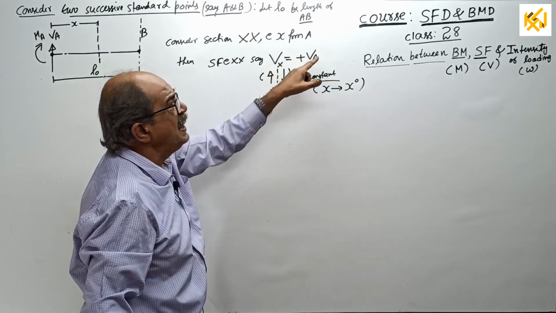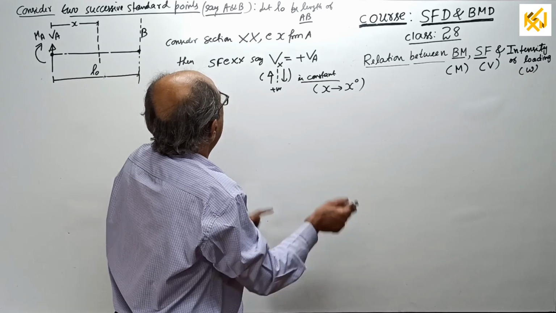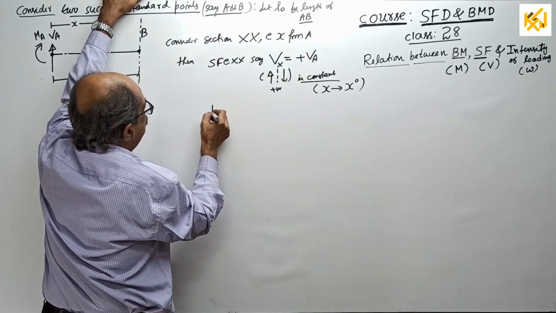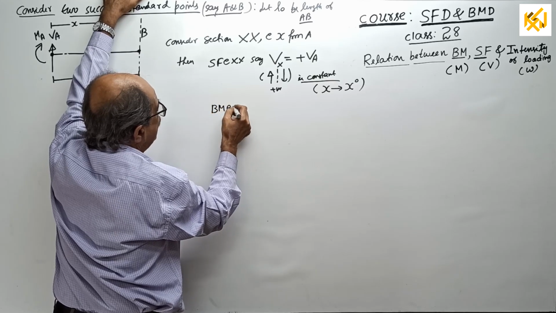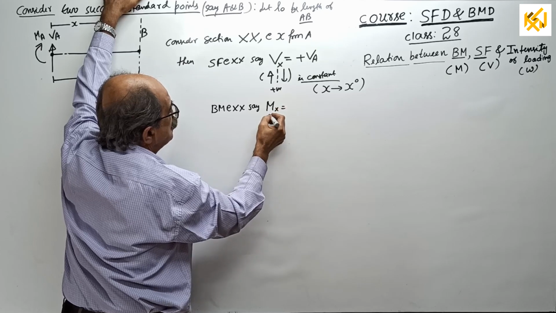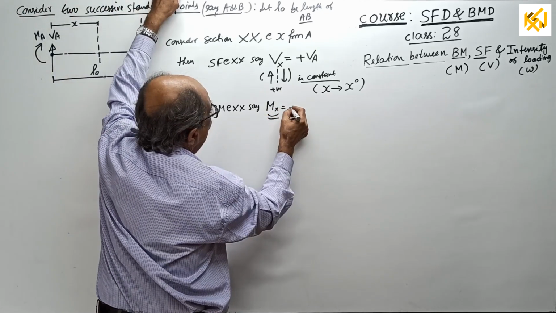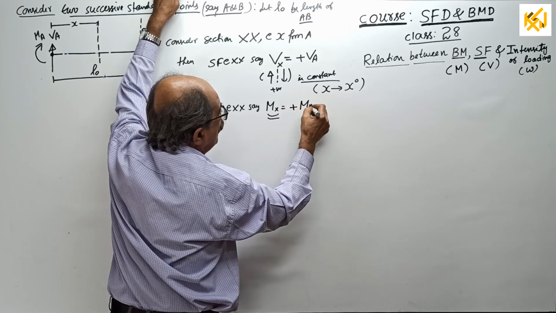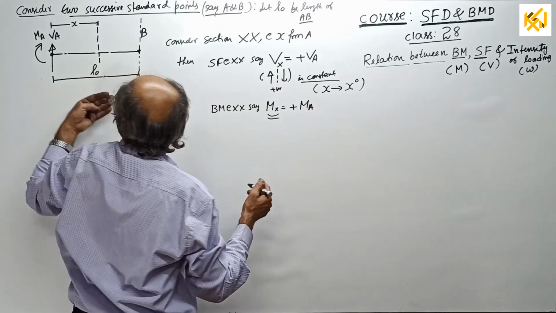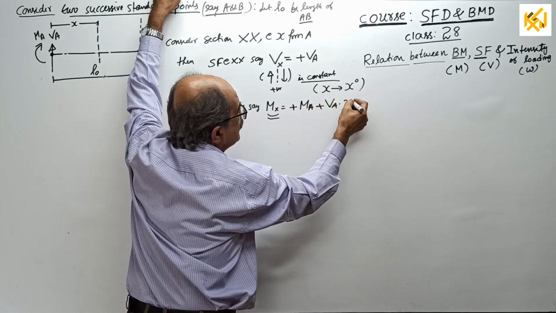You can write VA into X power 0. VA is constant. Then bending moment at XX, say MX, sagging positive, will be equal to plus MA plus VA into X.